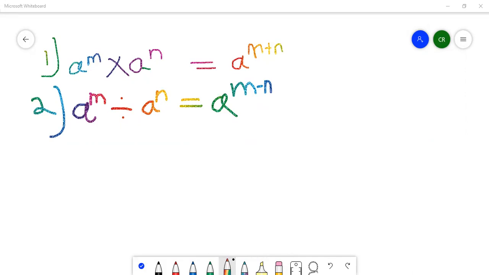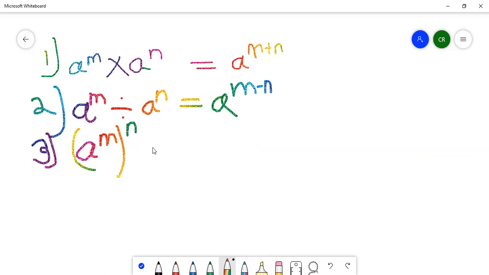Okay. Now we will do law 3. Does anyone remember law 3? Law 3 was a to the power m whole raised to power n.